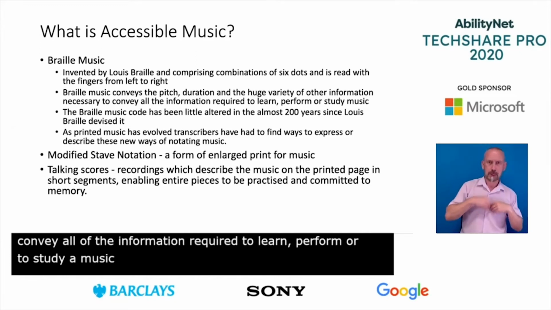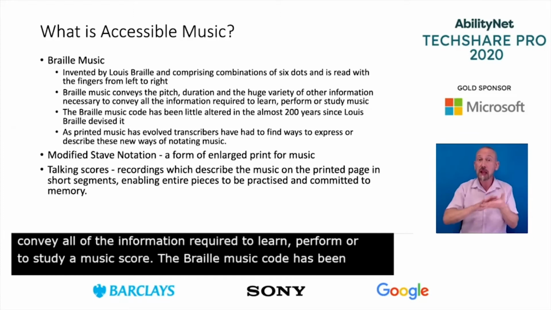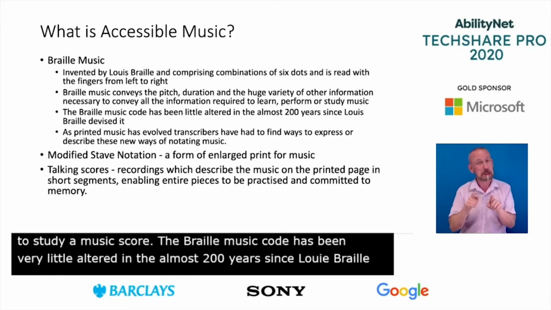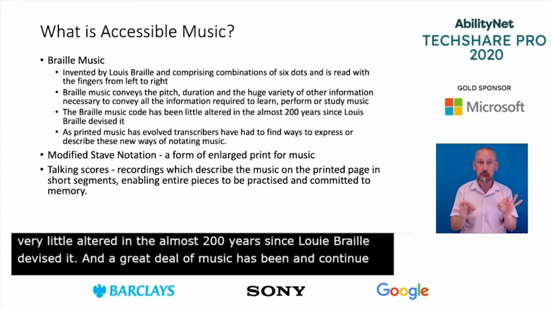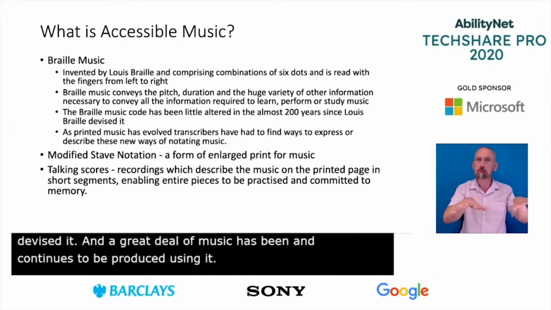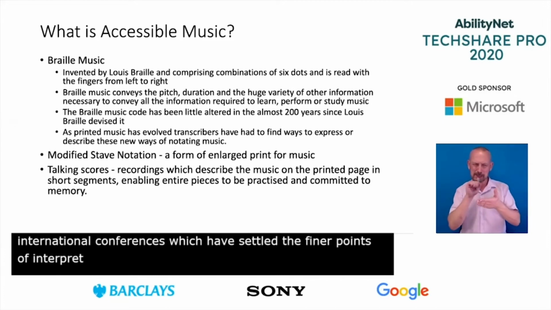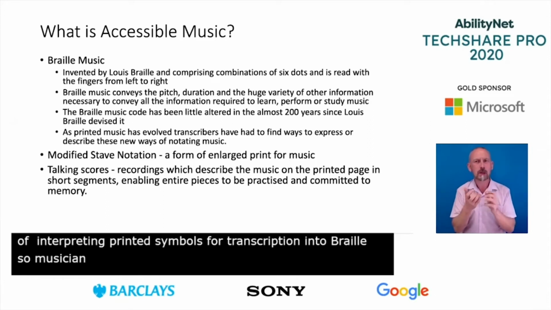The Braille music code has been very little altered in the almost 200 years since Louis Braille devised it, and a great deal of music has been and continues to be produced using it. There have been many international conferences which have settled the finer points of interpreting printed symbols for transcription into Braille, so musicians can use scores from many countries with ease.